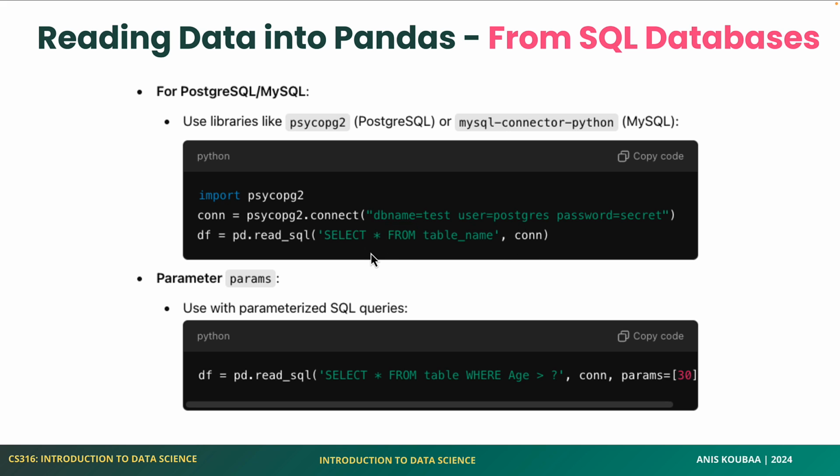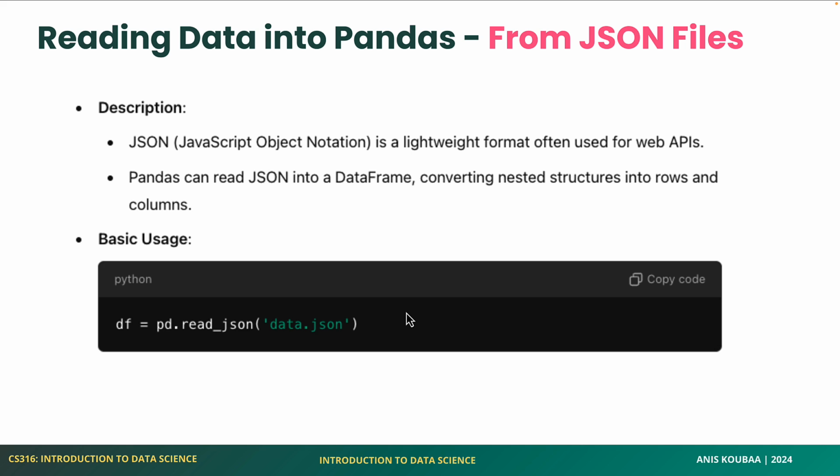And after you access the database, you can just query the data, and this table is going to be imported as a data frame, and you can do all kinds of data manipulation. You can also do other parameterized SQL queries on that.